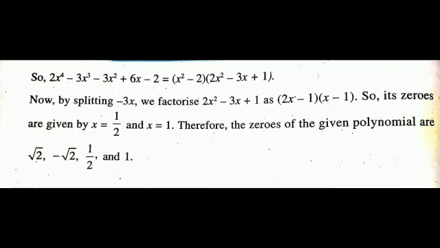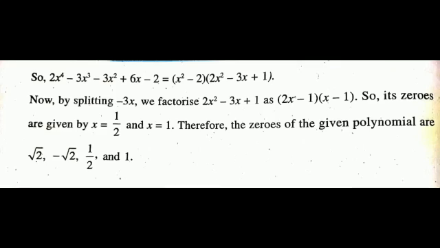So we can say x is equal to 1 by 2 and x is equal to 1 are the zeros of 2x square minus 3x plus 1. And finally, we have the zeros of the given polynomial 2x raised to the power 4 minus 3x cube minus 3x square plus 6x minus 2 as root 2, minus root 2, 1 by 2 and 1.